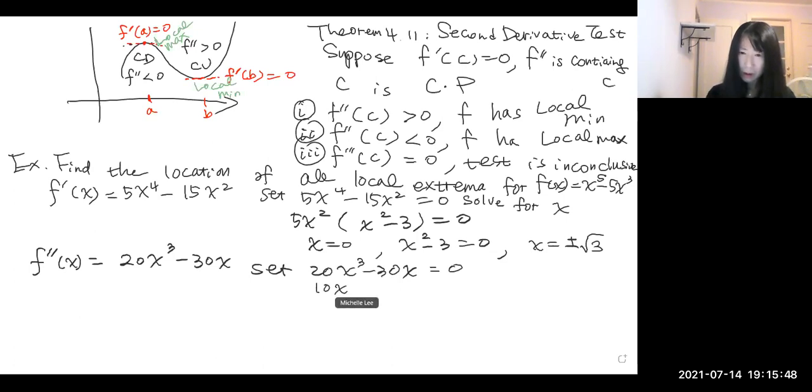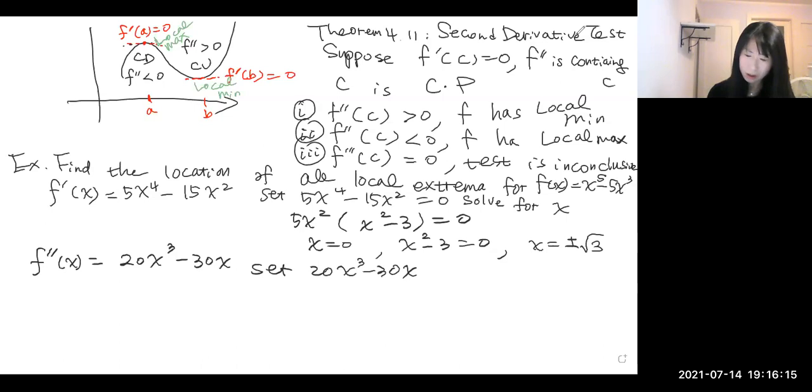So 10x times (2x squared minus 3) equals, right? We don't really need to solve for the second derivative's zeros.